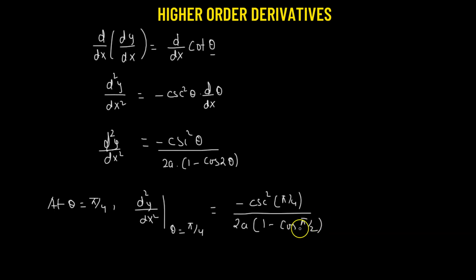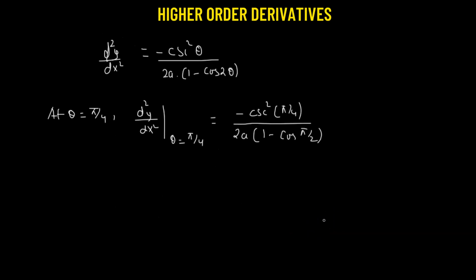Cosine of pi over 2 is 0. We also have to find the value of cosec pi over 4, which is square root of 2. So we have square root of 2 whole squared divided by 2a multiplied by 1 minus 0. Square root of 2 squared is simply 2.